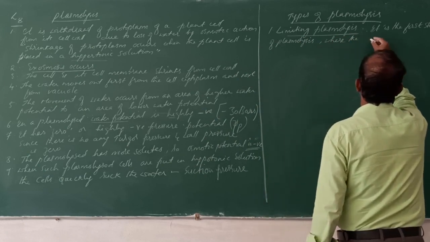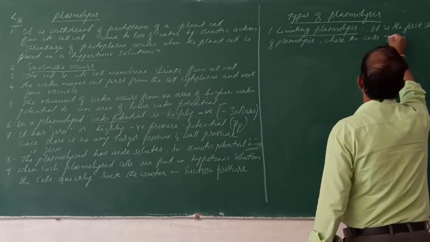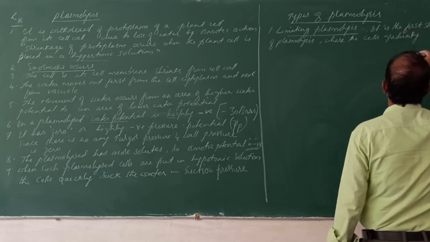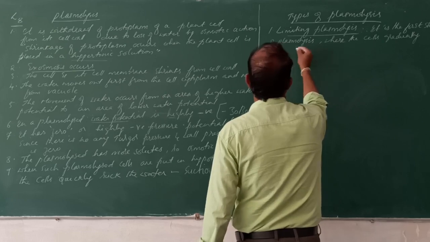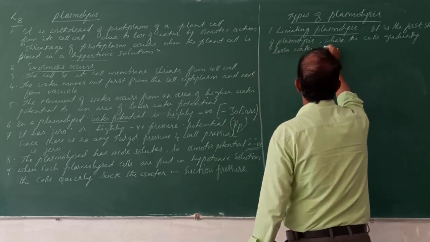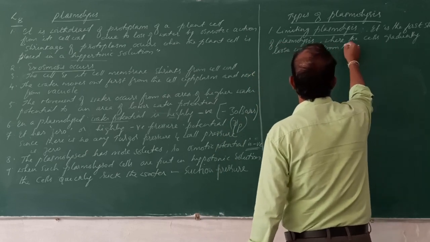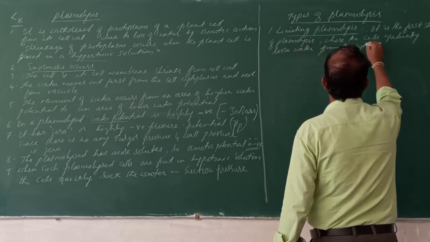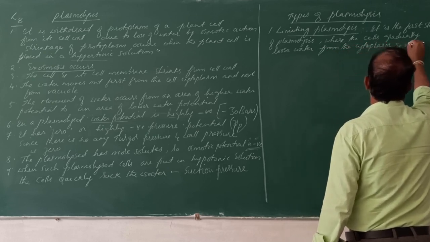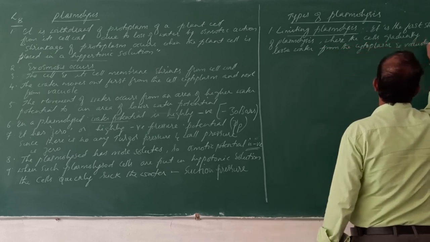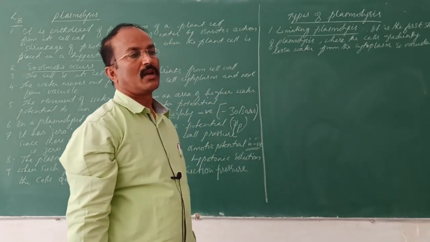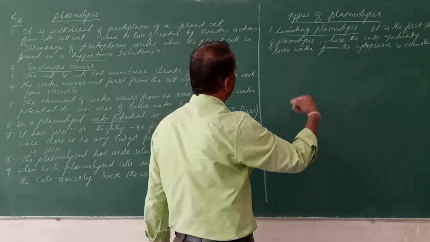The cells gradually lose water from the cytoplasm and vacuole, and it decreases the turgor pressure, or the pressure potential, to zero.